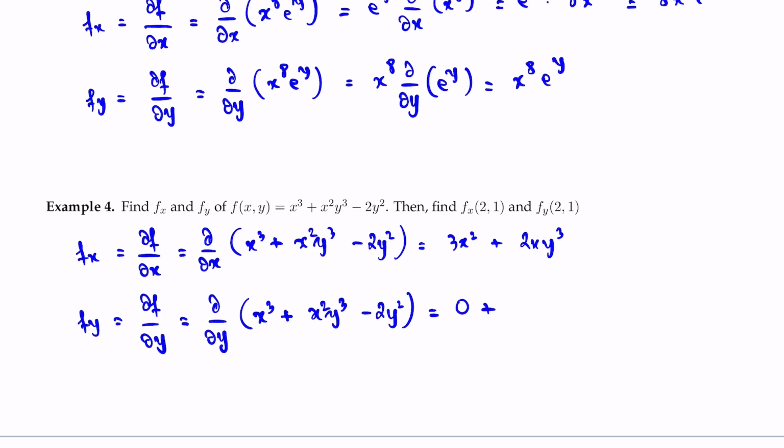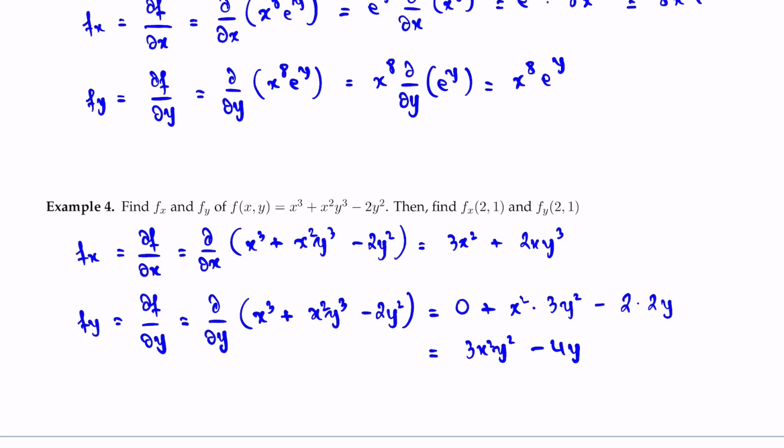Plus, x squared in this context is a constant multiple, so you just do x squared times the partial derivative of y cubed, that is 3 times y squared, and the partial derivative of negative 2y squared with respect to y will give you minus 2 times 2y. And you simplify the result, and you're going to get 3x squared y squared minus 4y.